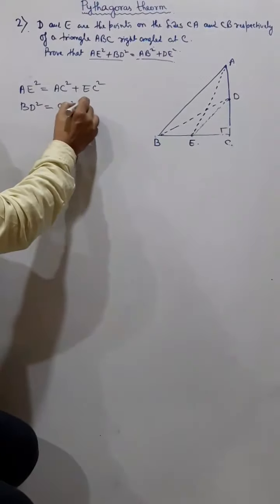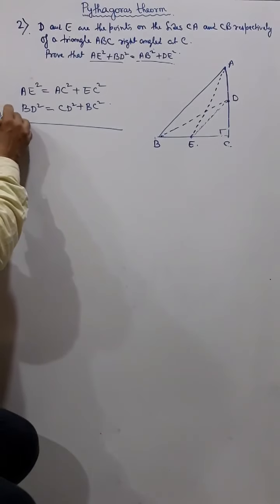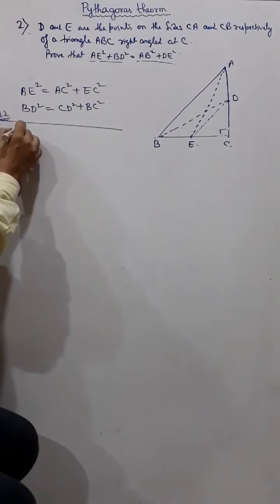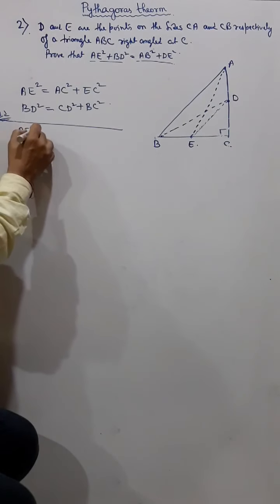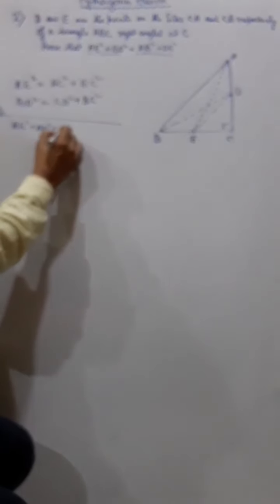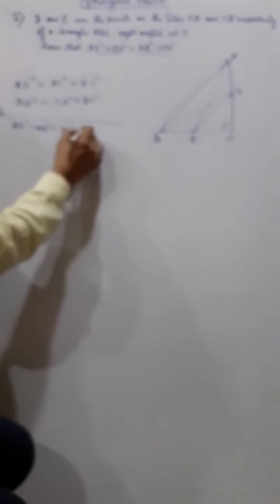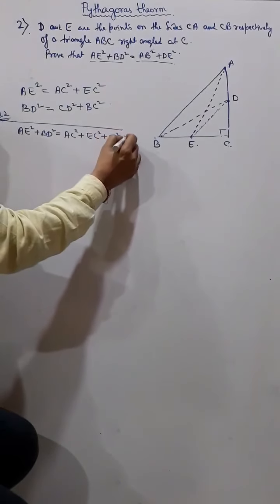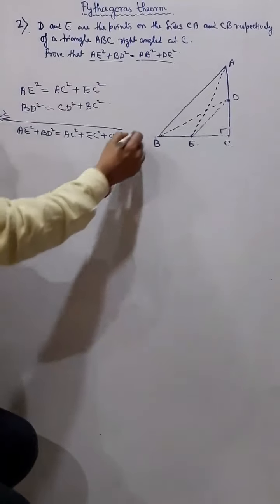Now if I add them, what we got? AE square plus BD square is equal to AC square plus EC square plus CD square plus BC square, right?